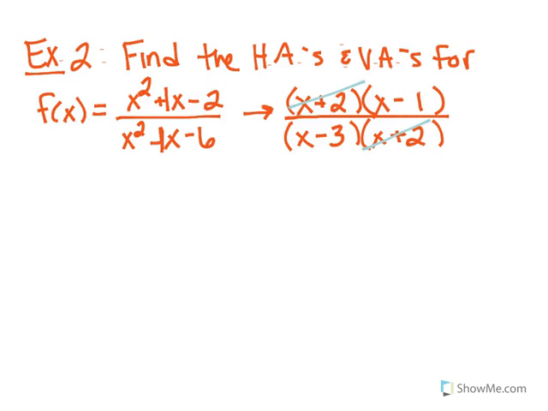So I'm going to take a look at where my denominator is equal to 0, which is going to be this part right here. So x minus 3, and I'm going to set that equal to 0. So add 3 to both sides, and x equals 3 is my vertical asymptote.